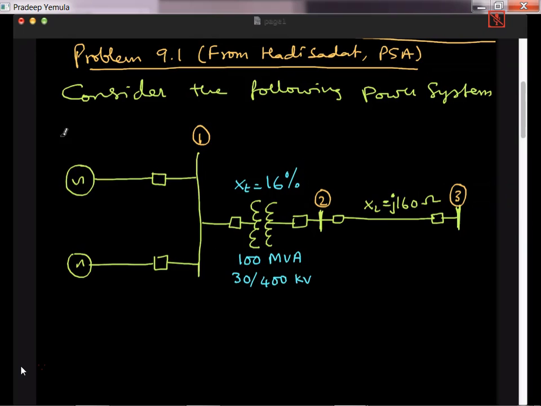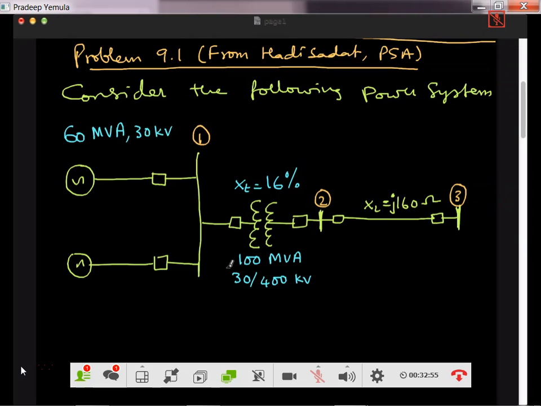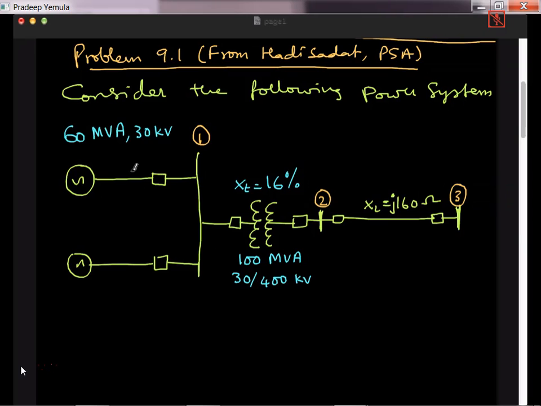The first generator is rated at 60 MVA and its voltage rating is 30 kV. So that's a good thing to know because the voltage rating matches with the transformer. So then I have XD dash is nothing but 24%.